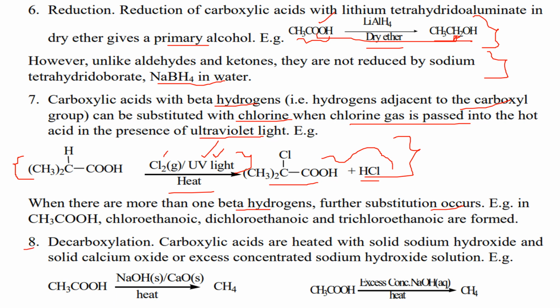Now going to number 8, decarboxylation reactions. Under this, carboxylic acids are heated with soda lime. Soda lime can also be a mixture of solid sodium hydroxide and solid calcium hydroxide, and then you heat. But we generally identify this as soda lime.